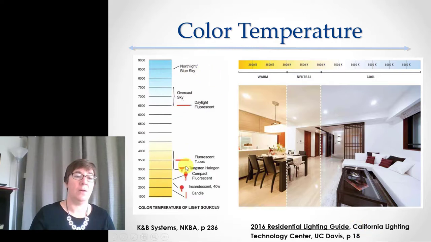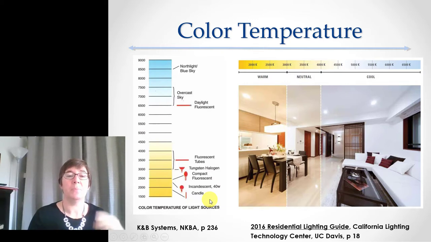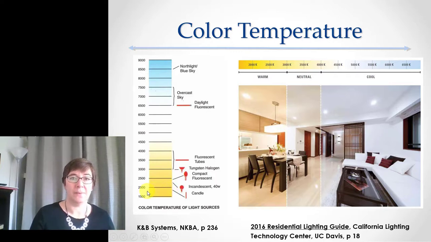On your textbook illustration, you can see some different types of light sources and their standard or middle of the range color temperature, because of course you can select ones that go up or down a little bit. For example, a candle right here is a very, very warm light, so we see it way over on the warm side of our color temperature.